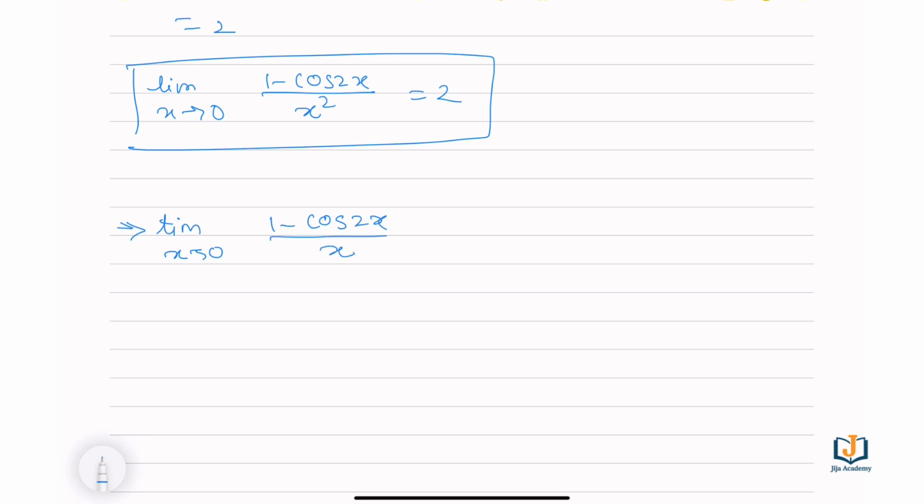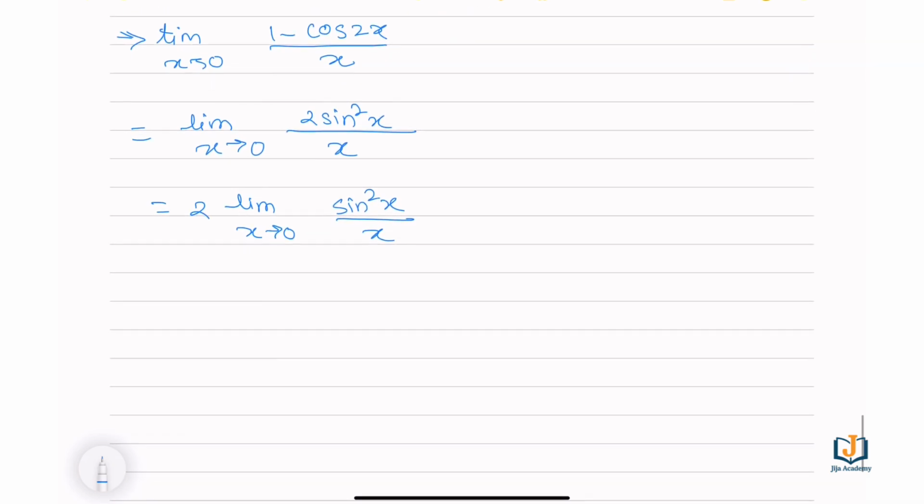So here again similar, limit x tends to 0, 1 minus cos 2x is equal to 2 sin square x divided by x. So here we are taking 2 limit x tends to 0 sin square x divided by x. So 2 into limit x tends to 0 sin x upon x into limit x tends to 0 sin x.